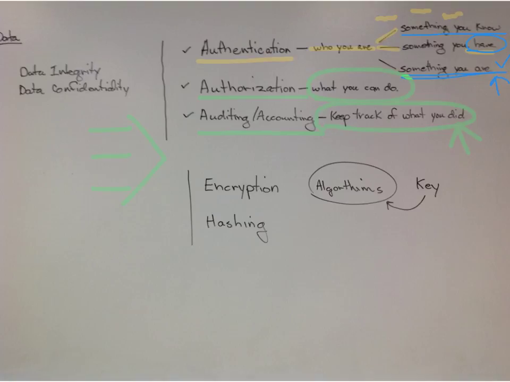Okay, next thing. Talked about 2 basic things in terms of securing data. First one we talked about was encryption. We have some algorithm, and that takes your information and encrypts it based on a key.